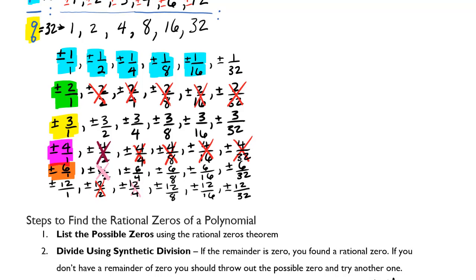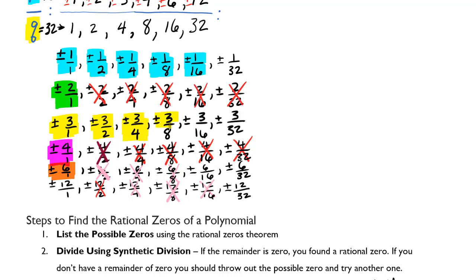Let's go ahead and try 3 halves. I know that 3 halves is equivalent to 6 fourths and 12 eighths. Now let's look at 3 fourths. 3 fourths is equivalent to 6 eighths, 12 sixteenths.